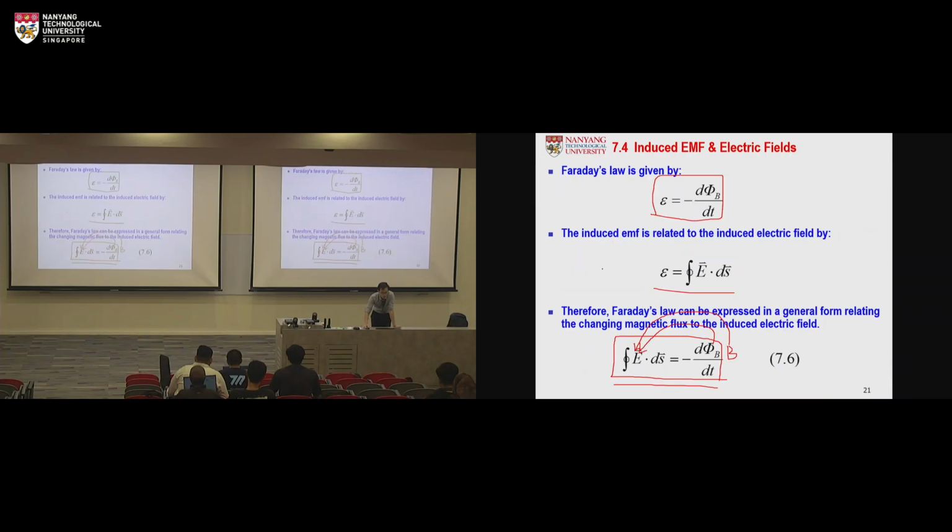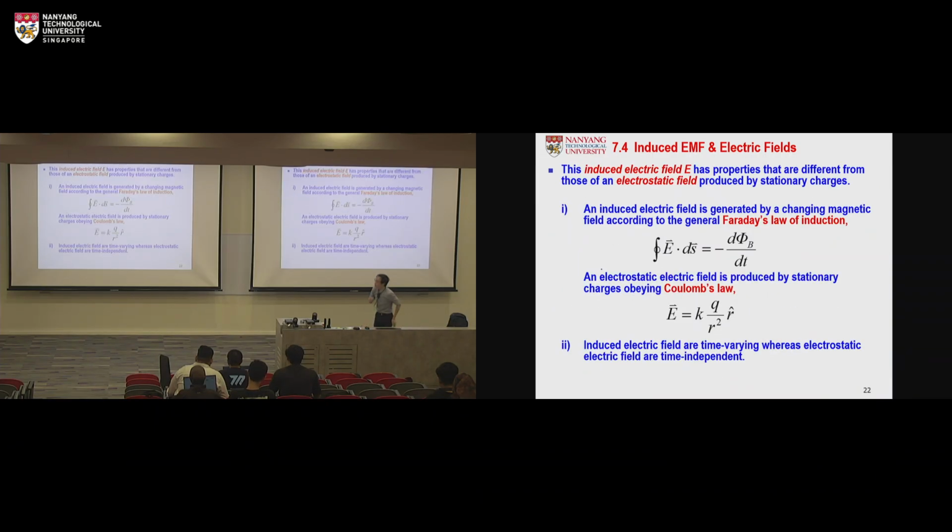This brings to us the most important difference between these two types of electrical field E. In the first part, E all starts from Q, and this is the so-called electrostatic field.